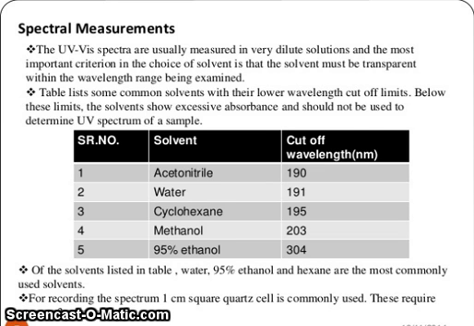Acetonitrile 190, water 191, cyclohexane 195, methanol 203, and 95% ethanol 304. Of the solvents listed in the table, water, 95% ethanol and hexane are the most commonly used. For recording the spectrum, a 1 cm square quartz cell is commonly used, and this requires approximately 3 ml of solution.